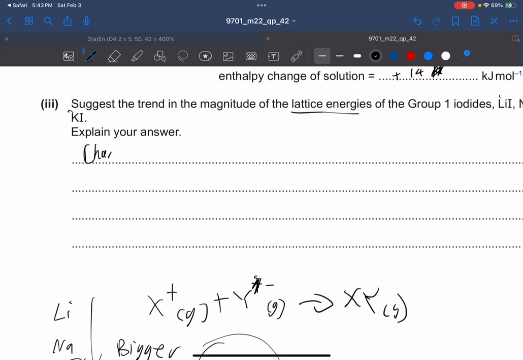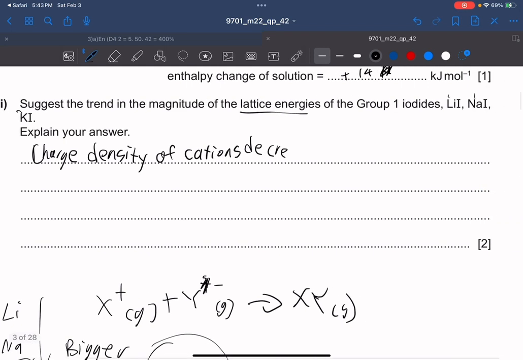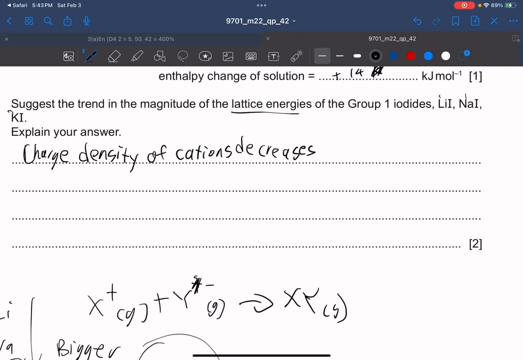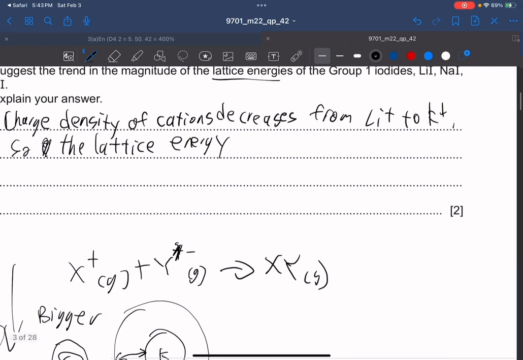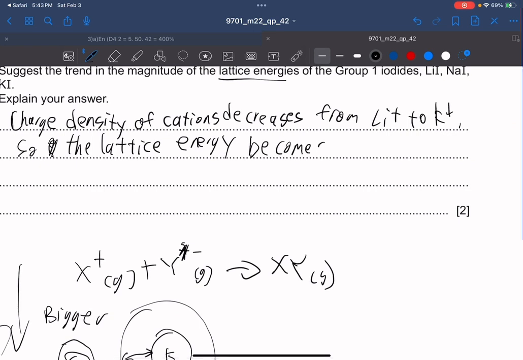Charge density of cations decreases from Li plus to K plus. So the lattice energy becomes less exothermic.